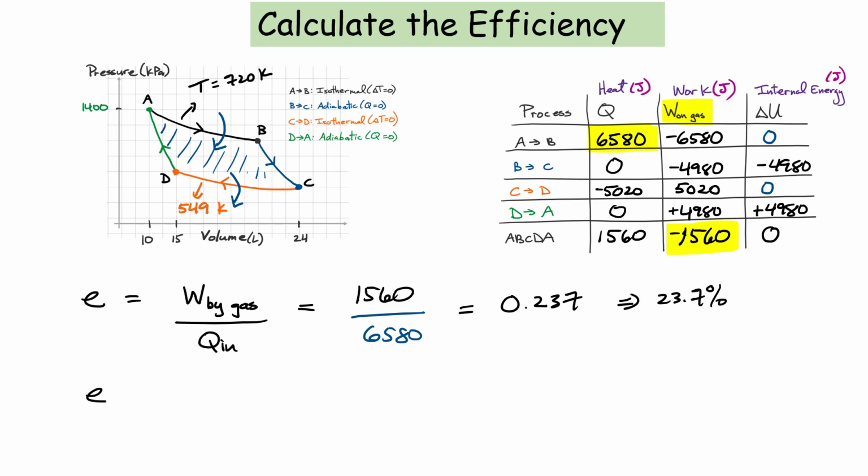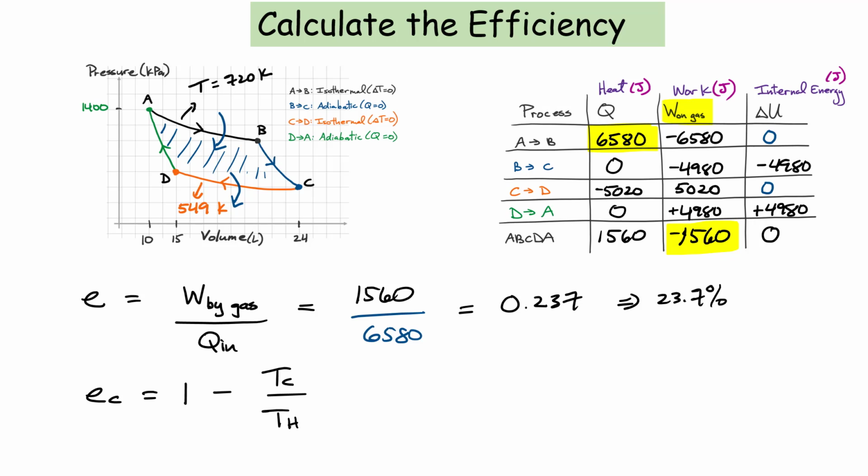Now, for the Carnot cycle, if you did a little bit of math, you could show by substituting in some of the previous equations I presented for the work done by the gas and for the heat in, that the efficiency of the Carnot cycle is given by this expression. It reduces to this.